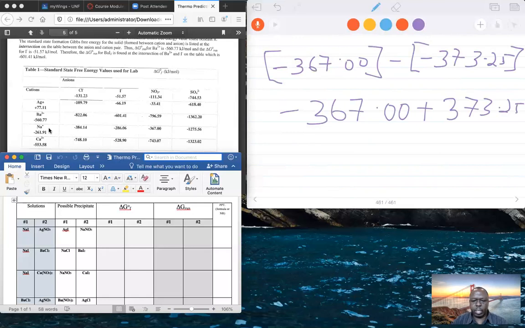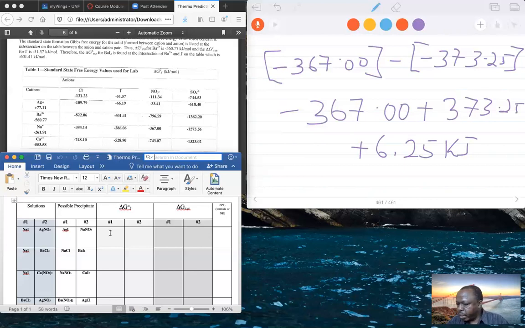So I'm just subtracting 367. And I'm just gonna put that as this is positive 6.25. This is kilojoules. This will be your delta G naught for the first reagent, first possible precipitate.